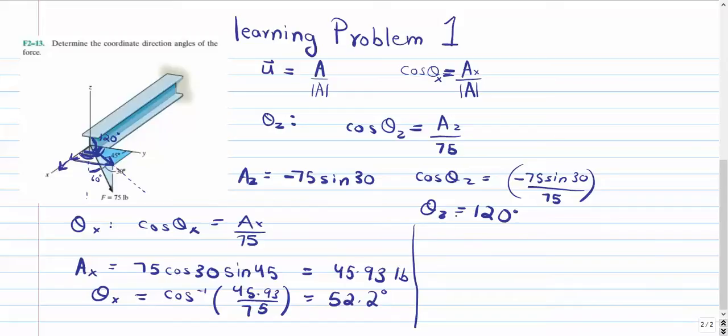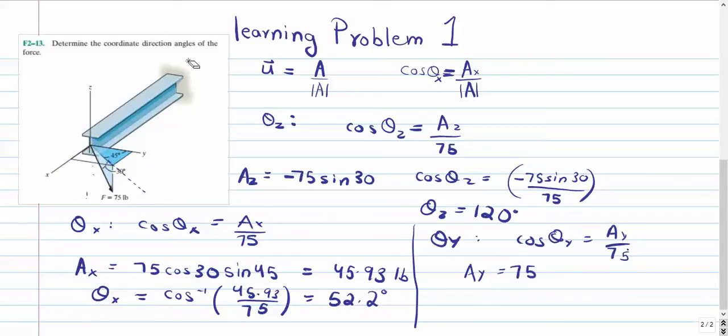Right. Now repeating the same procedure for theta y, cos of theta y should be equal to AY divided by 75, and AY should be equal to 75. First of all, we find the component of this force along this line, and then we use this triangle to find the component along this line. So using this triangle first, we do 75 cos of 30 degrees to get this component.